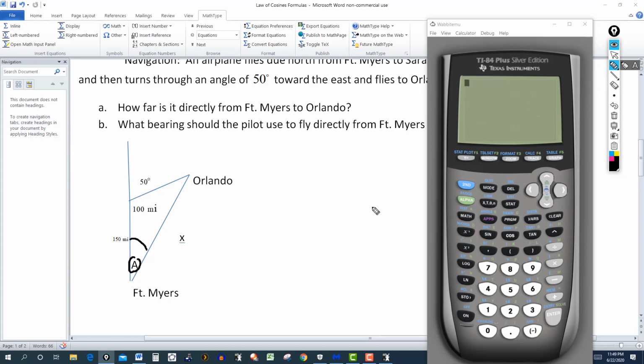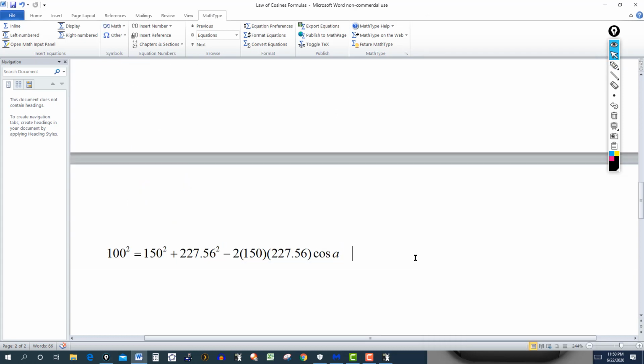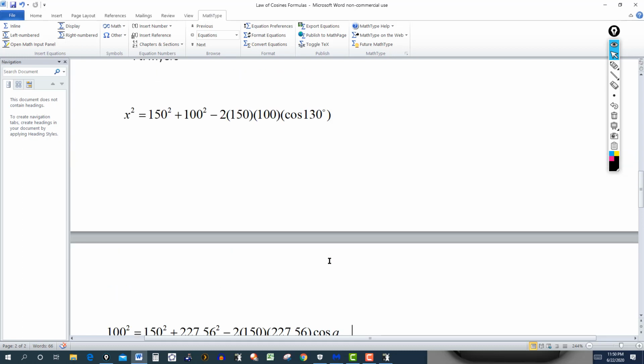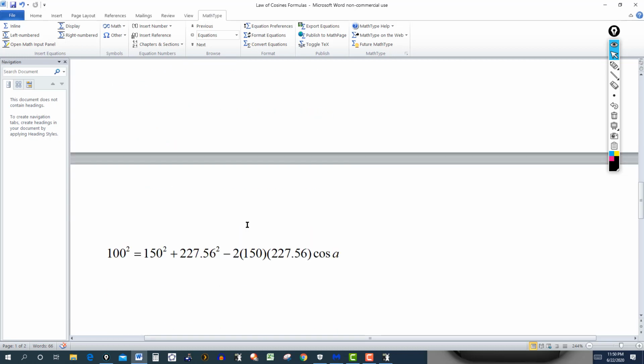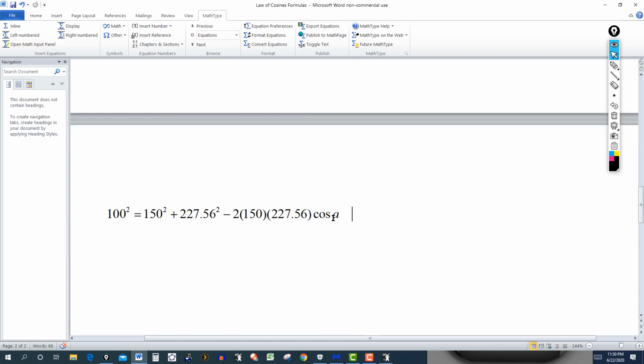So the setup is 100 squared equals the sum of the squares of the other two sides minus twice the product of those two sides times the cosine of the included angle, which is angle A, capital A. We're solving, and we've got everything given here.